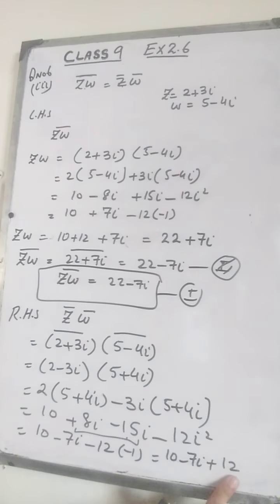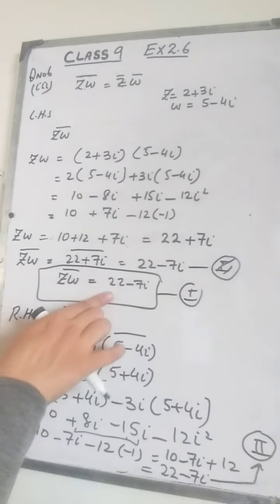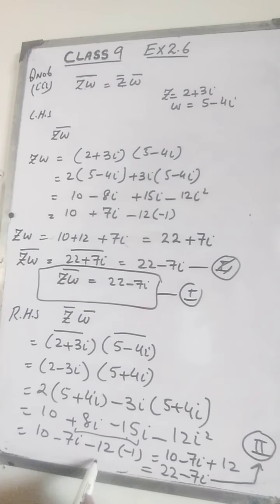Now 10 and 12, they are without iota, so we are going to add them. What are we going to get? 10 plus 12 will be 22 minus 7 iota. So this is the answer of the right hand side. If you compare the left hand side and the right hand side, the answers are the same.